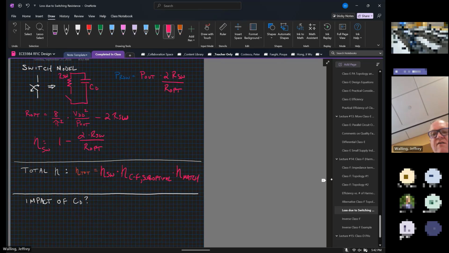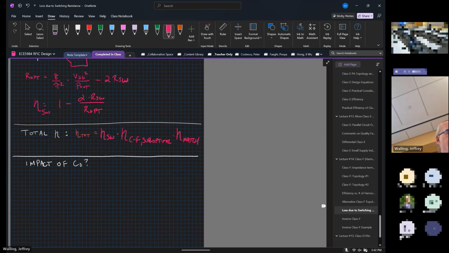And I should also add that if we have a capacitance in our drain network, we can't operate as a class F at all frequencies. So much like there was a limitation on that modified Grebennikov class E network, there's actually one for all class F networks.